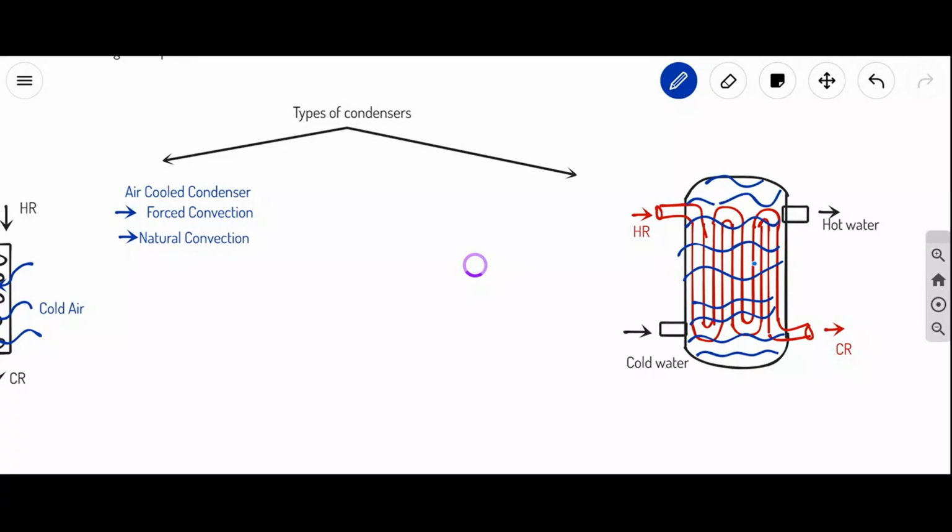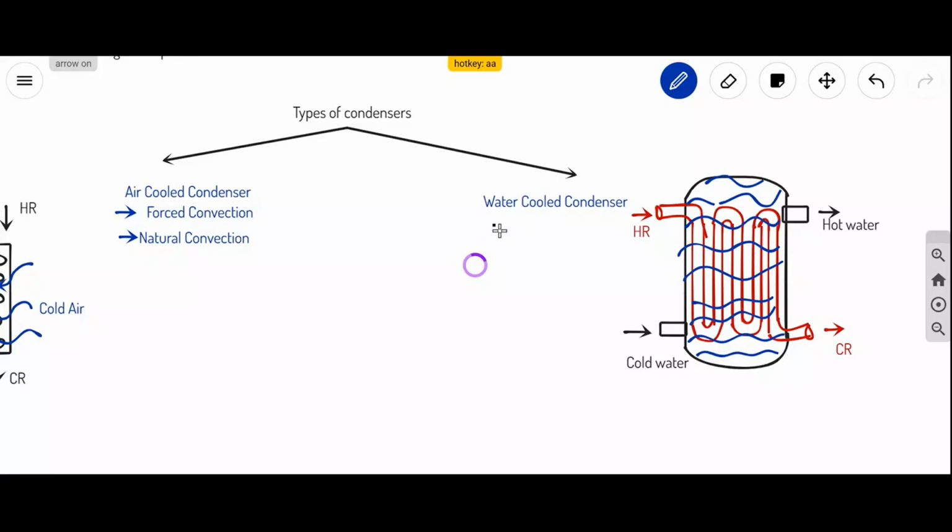Now these types of condensers are called water cooled condensers. Here water is cooling the refrigerant, so it is called a water cooled condenser.